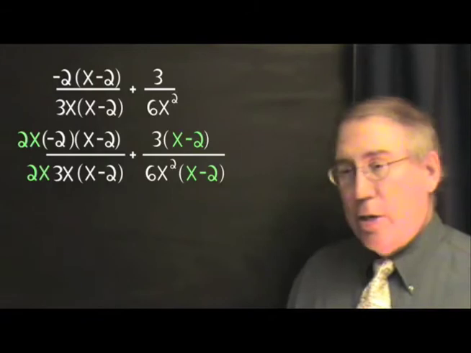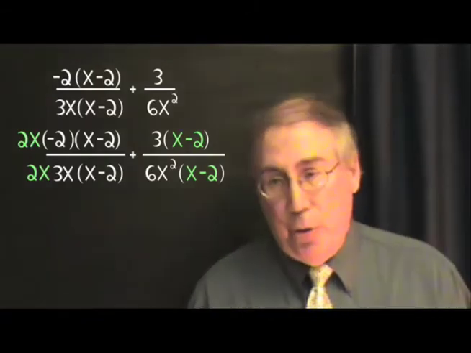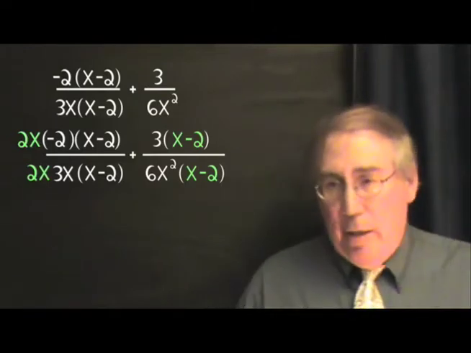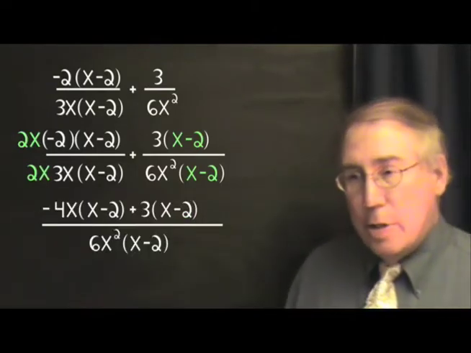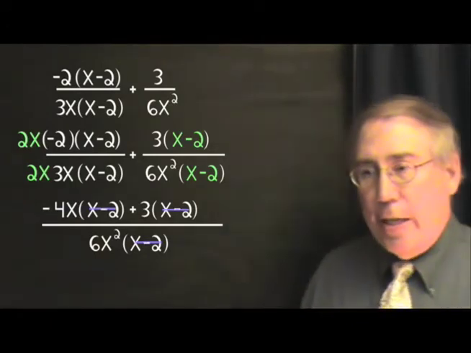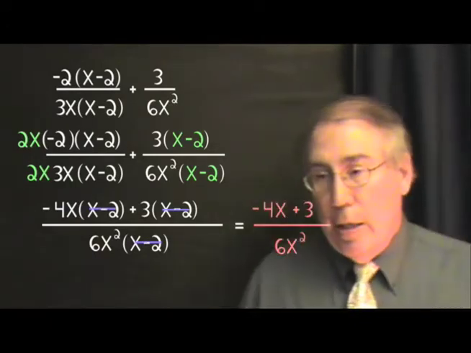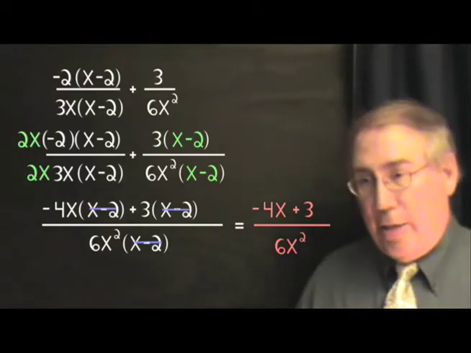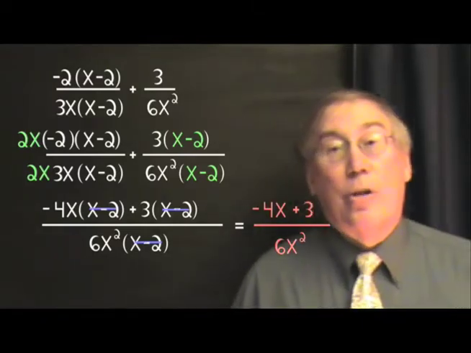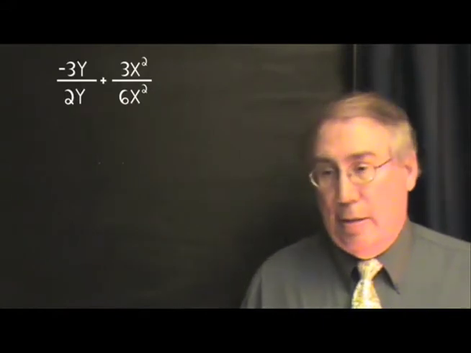And in the second fraction, we're going to have to multiply x minus 2 times the numerator and denominator. Now, you can work out the numerators there. You get everything over 6x squared times x minus 2. Now the x minus 2's cancel out, and you're left with negative 4x plus 3 over 6x squared.